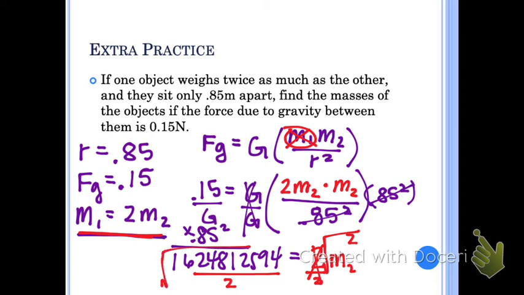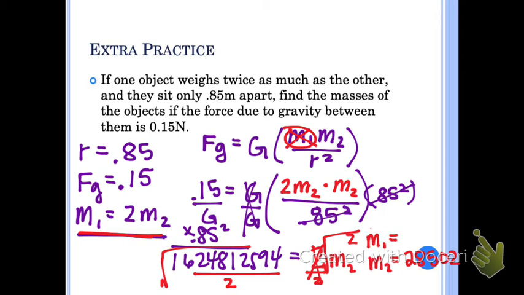Okay, and so what mass does this get me? It's not both of them, it's just one of them. Which one is it? It gives me M2. That equals 28,502. And so then what would M1 have to equal? 1,401.